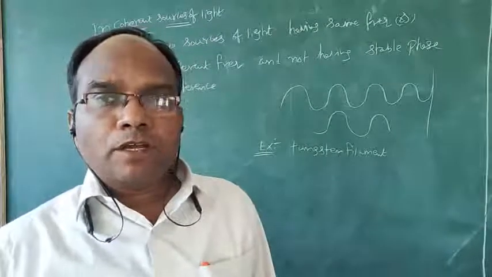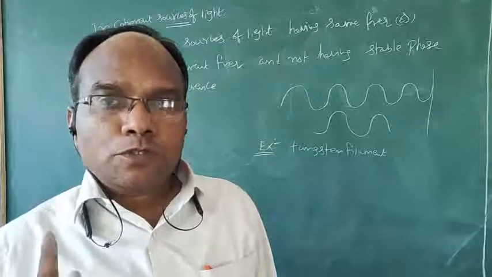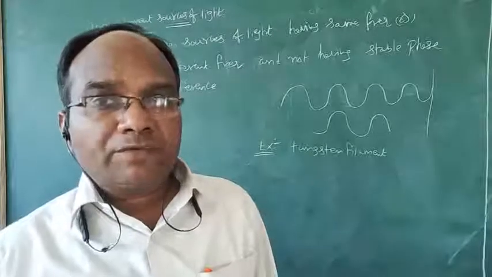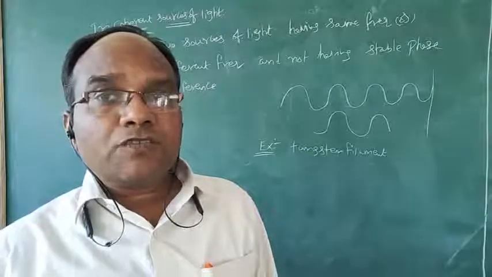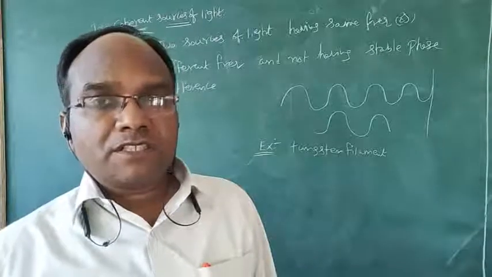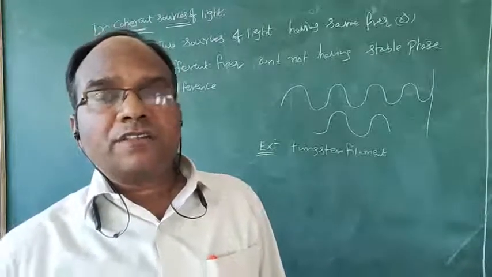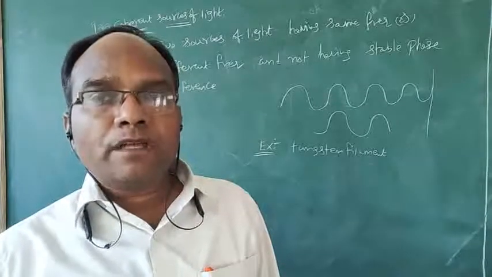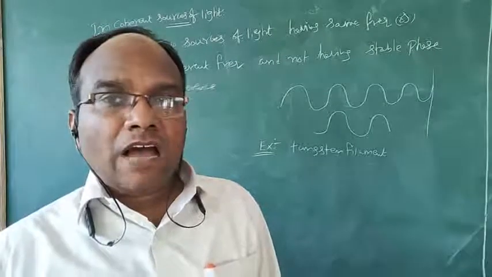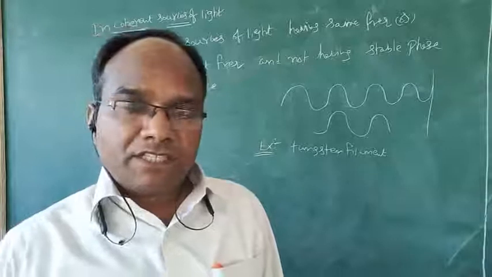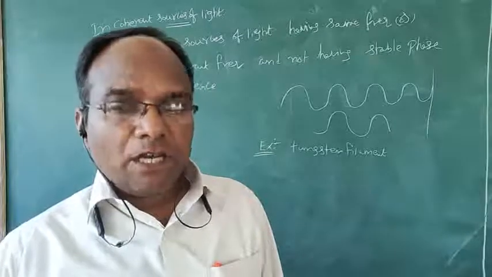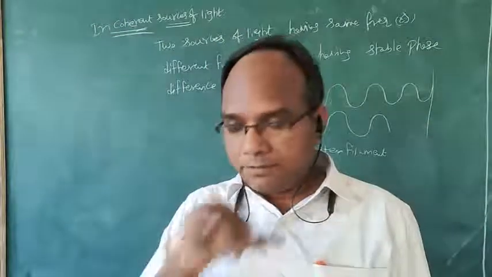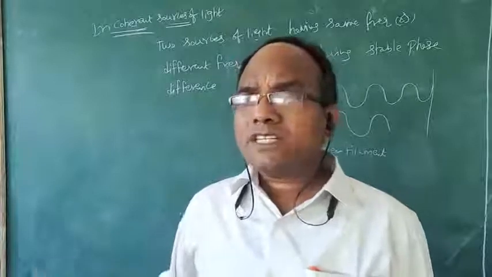So you have to remember, coherent source of light means two sources of light having the same frequency or the same wavelength with zero phase difference or stable, constant phase difference. Incoherent source of light means two sources of light having same frequency or different frequency, and not having a stable constant phase difference.